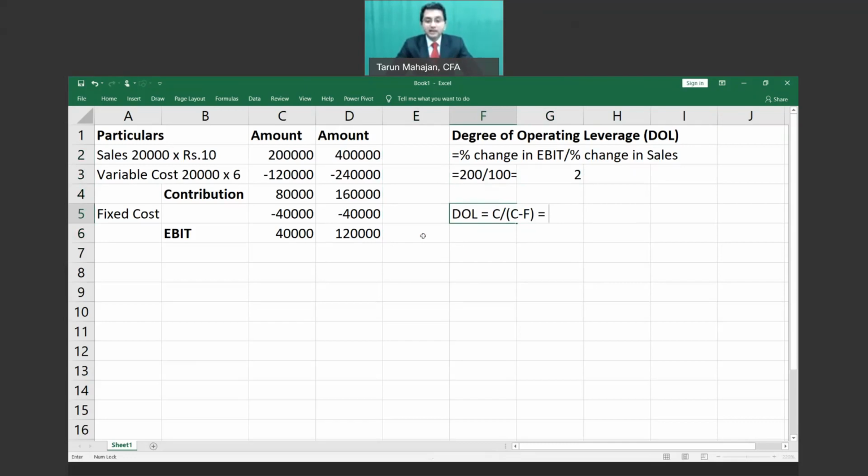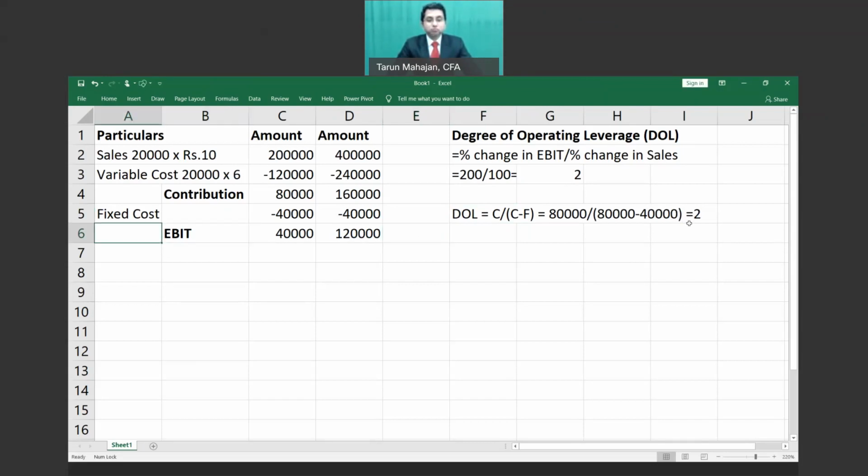So at the base level where we are starting, contribution is actually 80,000 rupees divided by contribution 80,000 minus fixed cost 40,000. And when I solve it, it will be equal to 2 times, 80,000 divided by 40,000. So that's a shortcut to calculate degree of operating leverage. Okay.